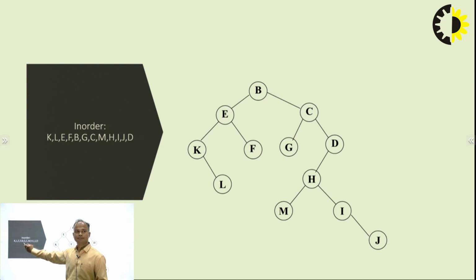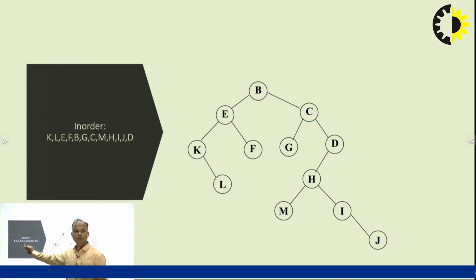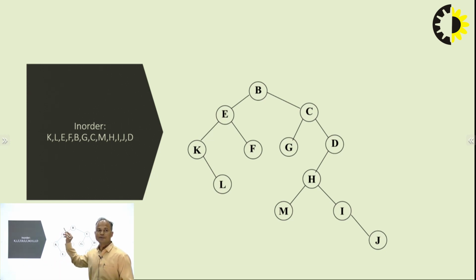Whatever values are given at the left-hand side of B, these are K, L, E, F. If you observe in the tree, K, L, E, F, these values are left nodes of B. And whatever values are at the right-hand side of B, these values are related to the right subtree of the in-order sequence.